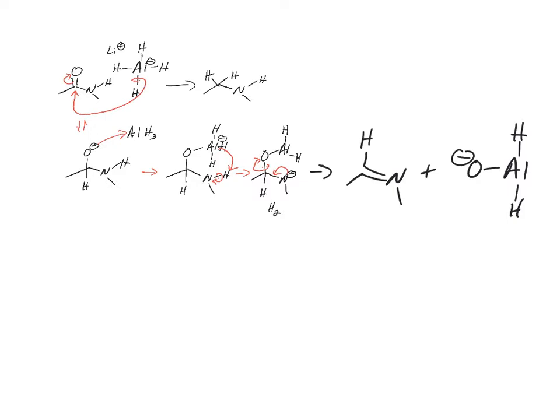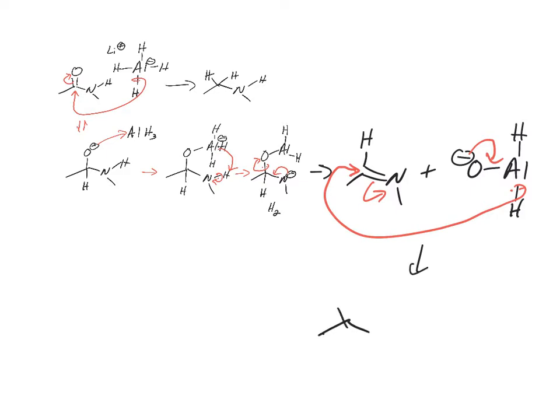There's a mechanism here where you could say these electrons come down, and that fires that H minus towards the carbon of the imine. Or another lithium aluminum hydride would react with this. So what would the product of this be?